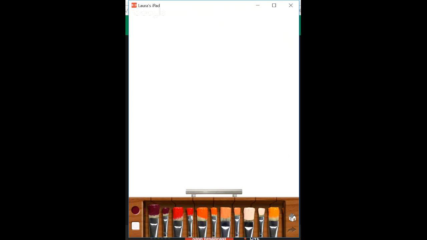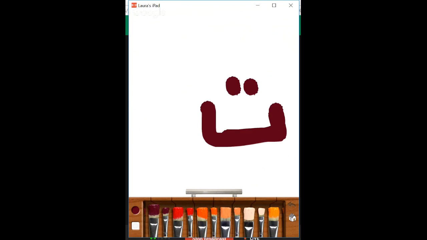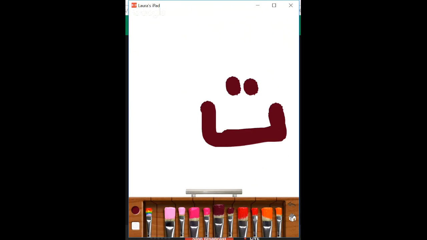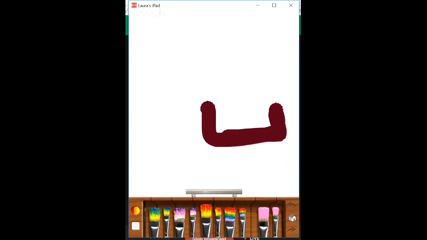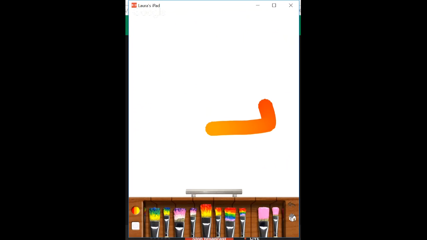Okay, let's do another one. We have the letter Ta. The letter Ta with 2 points up makes the Ta sound. Changes a little bit when we have it at the beginning of the word. So we're going to have our 2 points up, the letter Ta.